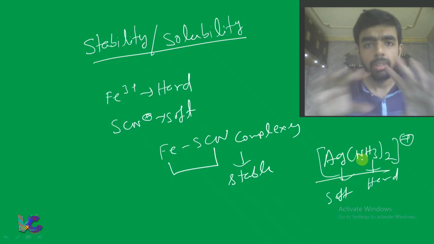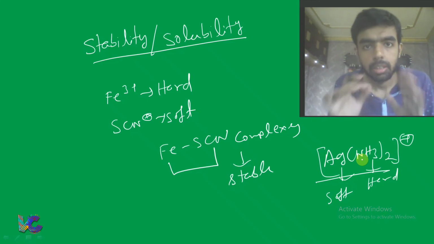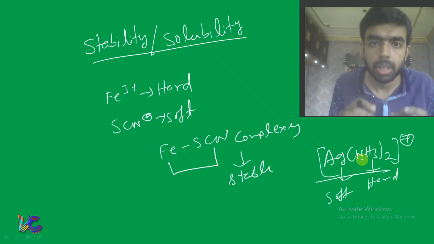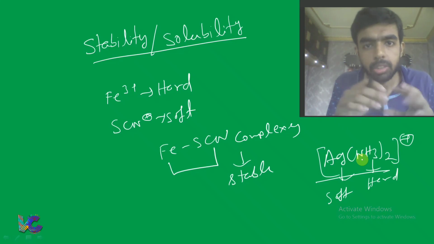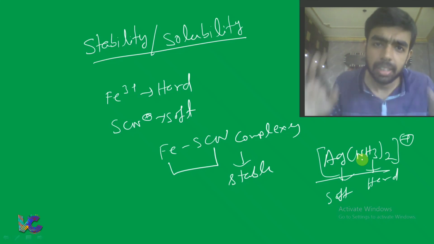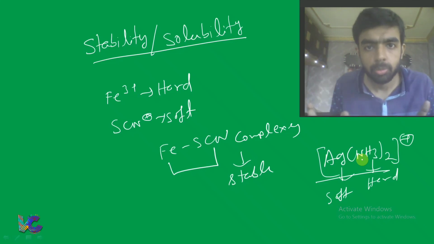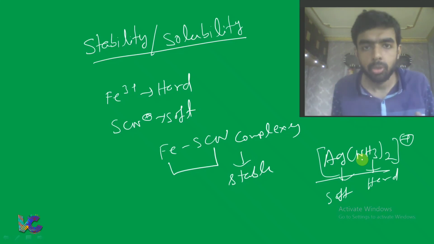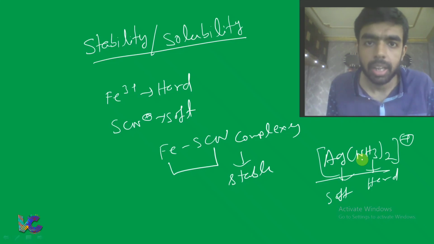That means you can understand that yes, the HSAB principle is important to us. It can explain many stability patterns, many solubility patterns. Okay, but you have to understand this is very general. This is not a foolproof idea. It cannot explain all the metal-ligand bonding. If it were able to explain all the metal-ligand bonding, then there would be no need for the other bonding theories.